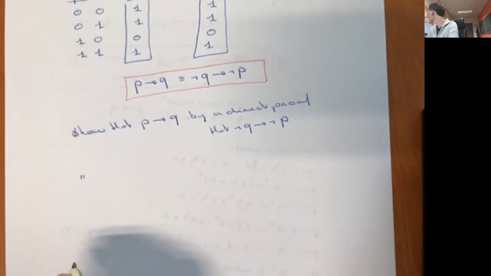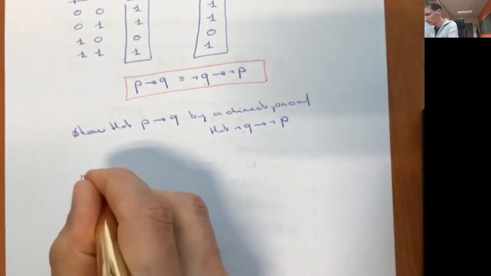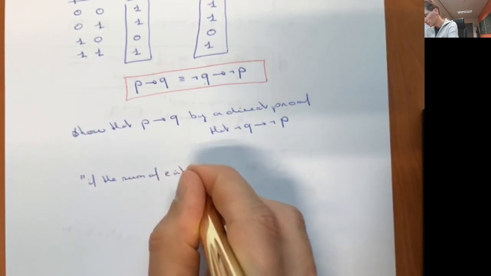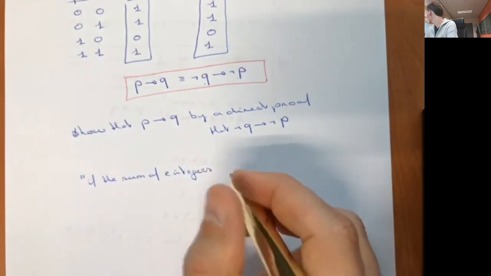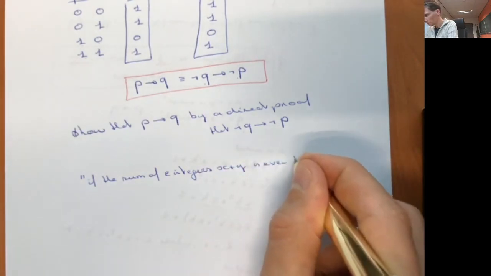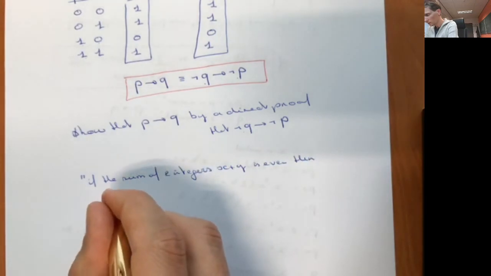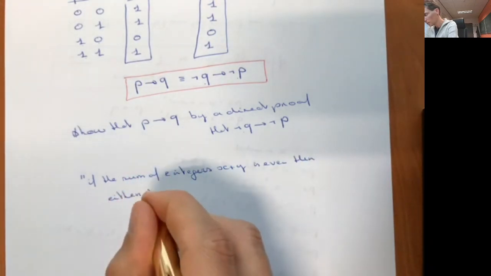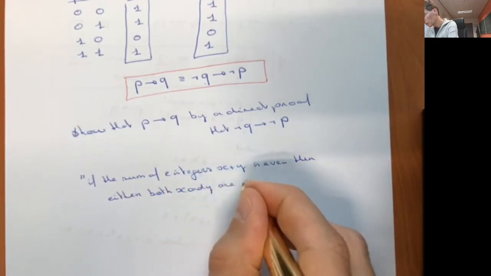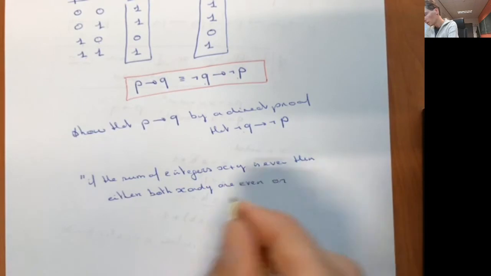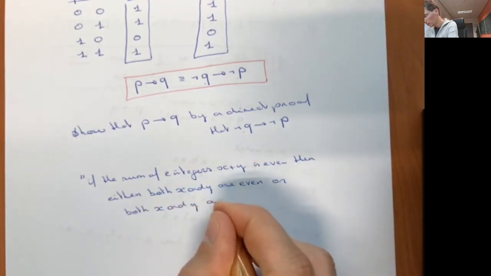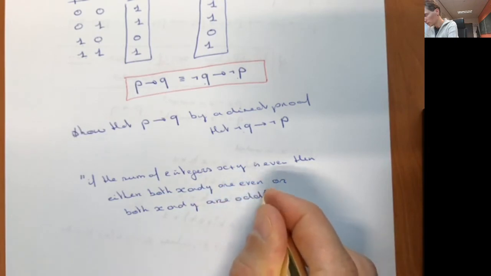We're going to prove that if the sum of two integers is even, x plus y is even, then either both x and y are even, or both x and y are odd.